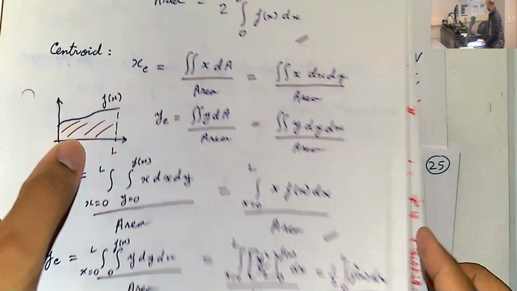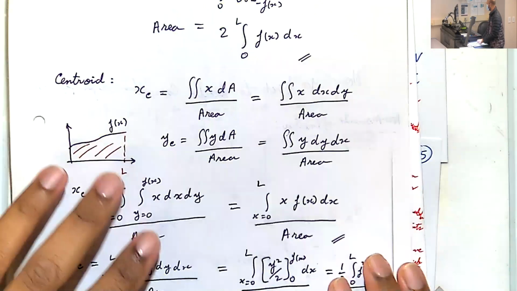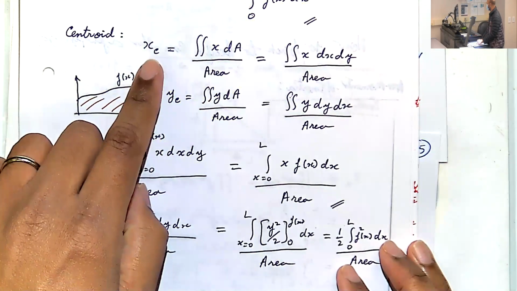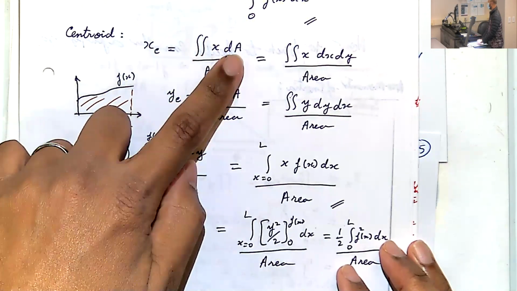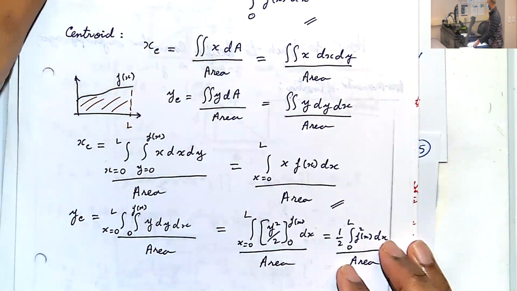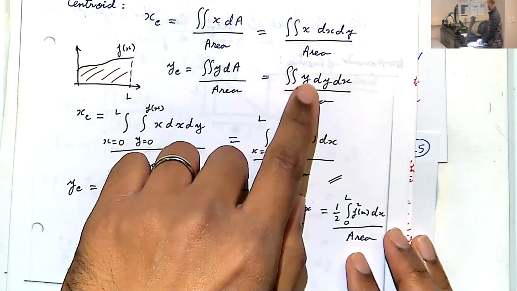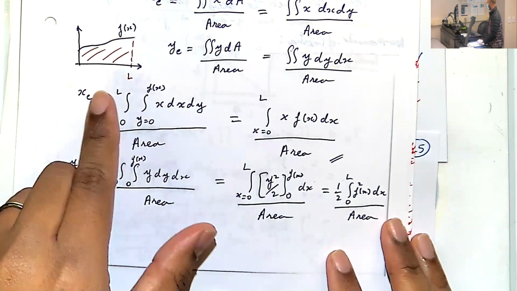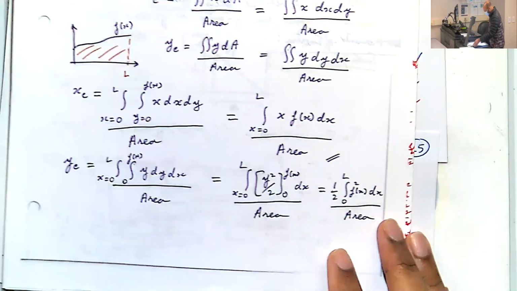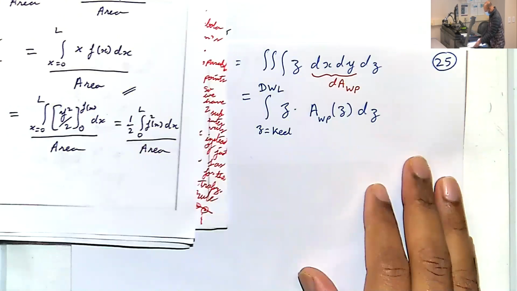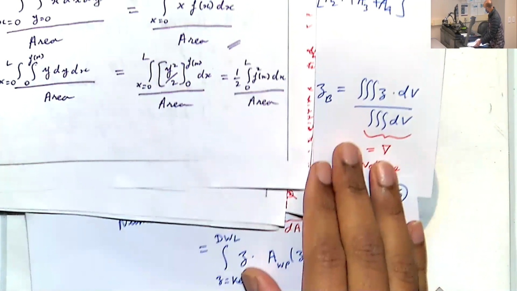So this is what we did in the previous classes, finding the centroid, xc, yc. Remember, we did the double integral of x dA, the double integral of y dA. And we keep simplifying this, and we end up with this. Xc is the top integral over the area. Look here, it's the same thing.